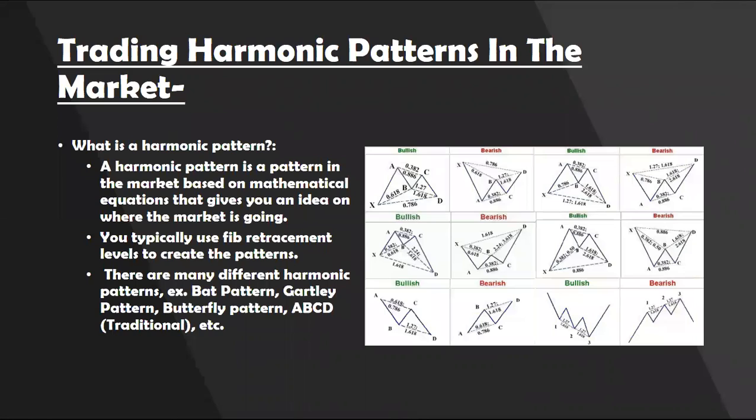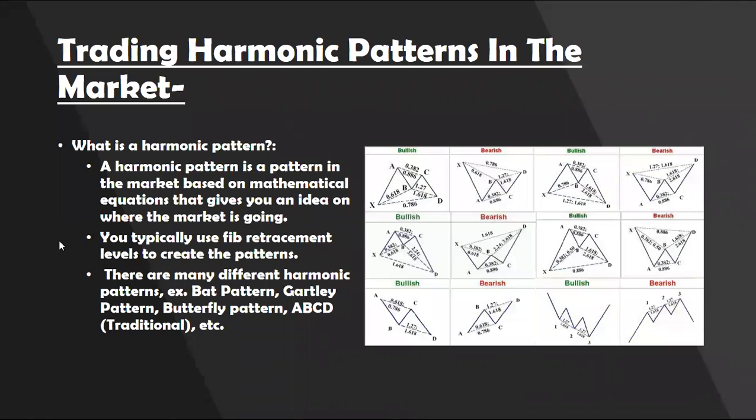They're composed of Fibonacci extensions. They're composed of trend lines. And if you look at the definition of what a Fibonacci extension is, you'll see pretty much the same definition that I have in the PowerPoint for Fibonacci retracement.